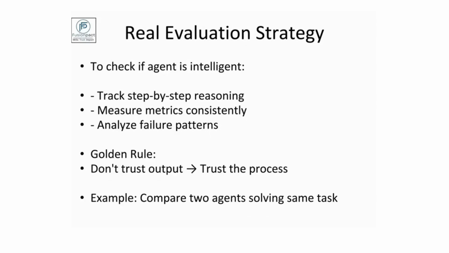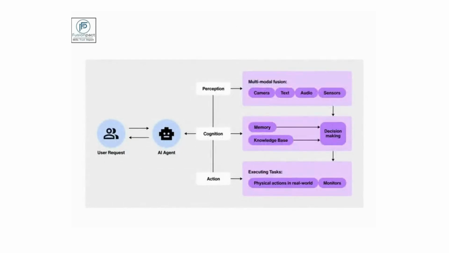Next, here is a user flow diagram of how the user requests and how the outputs get better, and how it gets into a process. So let's say the user requests to do any kind of task, then the AI agent understands it into its cognitive memory, perception memory, and it will go to the actionable task.